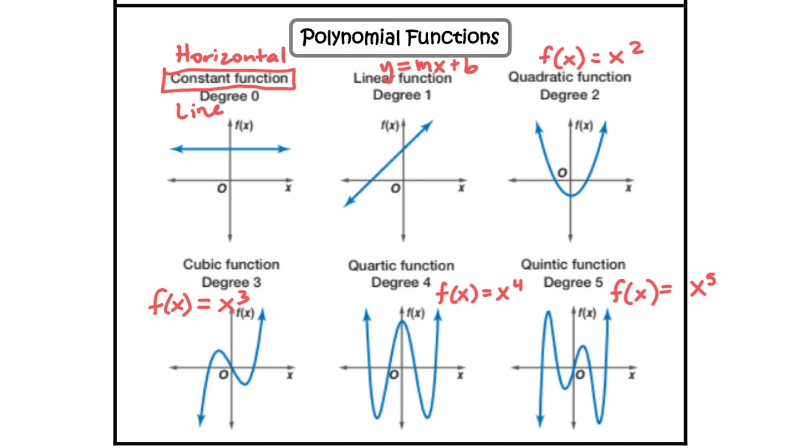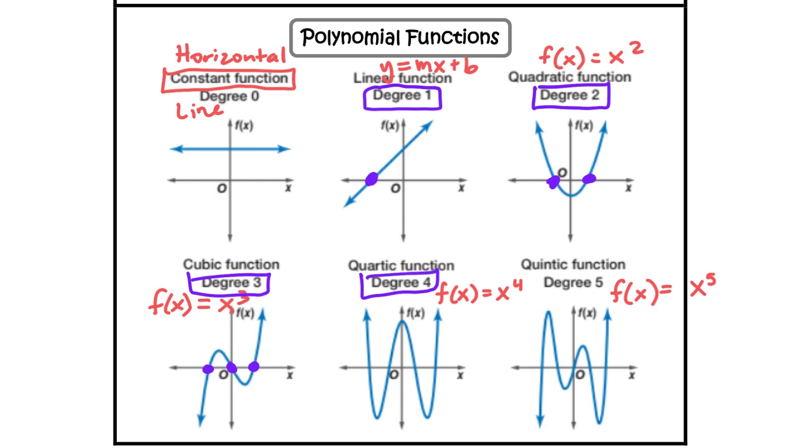Now notice the degrees. Let me choose a different color. So if I have degree 1, for example, how many x-intercepts do I have? 1. Okay, so I have 1 x-intercept. If I have degree 2, how many x-intercepts do I have? 1, 2. If I have degree 3, 1, 2, 3 for degree 3.